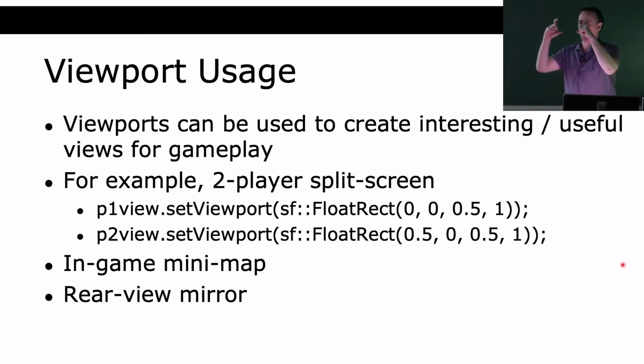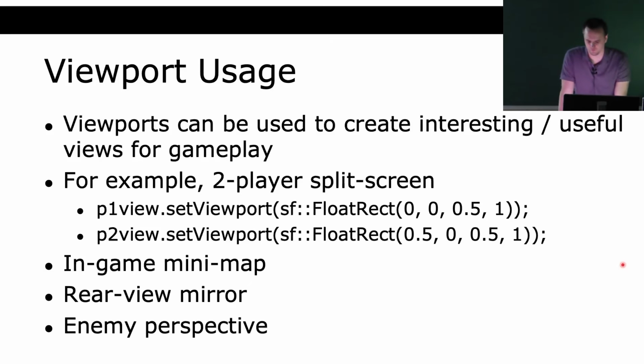One old game that I can't remember had a rear view mirror up in the top as a separate viewport. You could see the cars behind you because your car was at the bottom of the screen. So you could see what was in front of you, which is great for gameplay because you want to see what's coming, but also this little rear view mirror let you see what was behind you. You could also do something like an enemy perspective, etc.